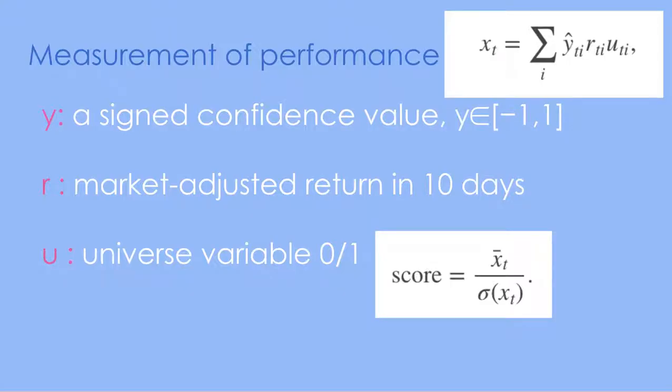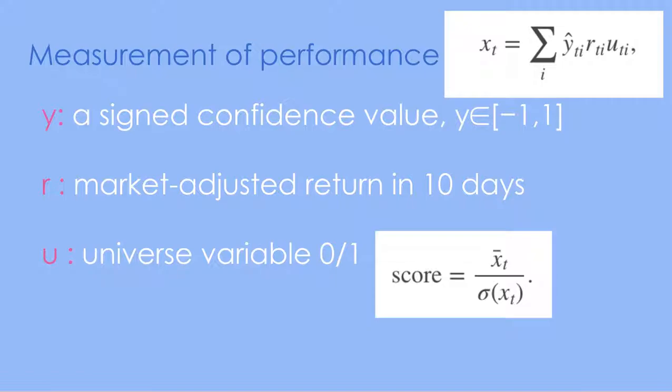To evaluate our performance, we need to predict an assigned confidence value, Y, which is multiplied by the market-adjusted return of a given asset over a 10 day window. If we expect a stock to have a large positive return compared to the broad market over the next 10 days, we might assign it a large positive confidence value, close to +1.